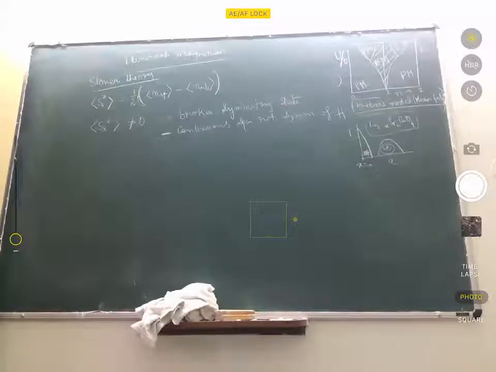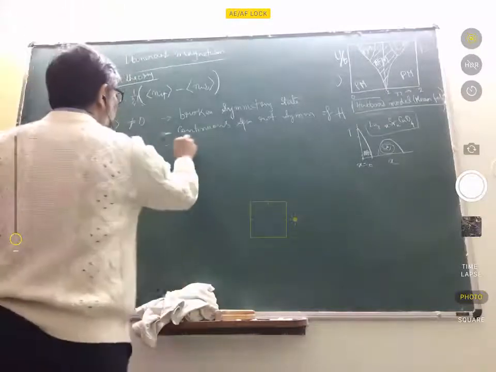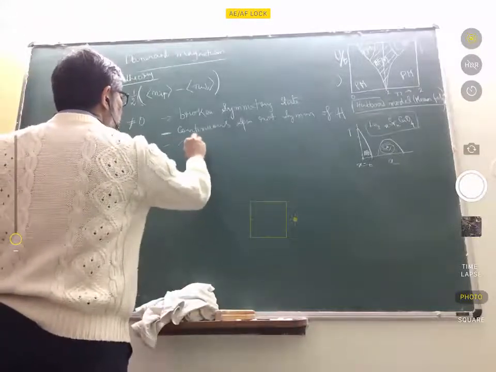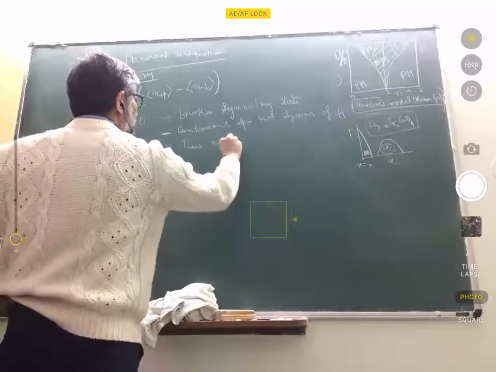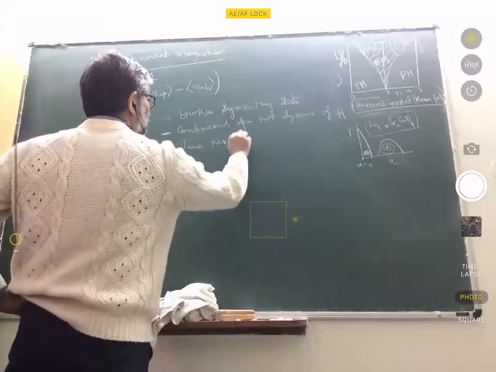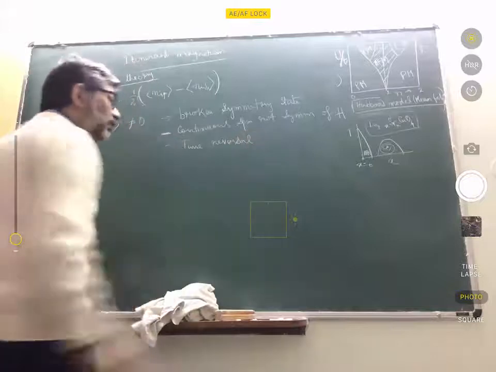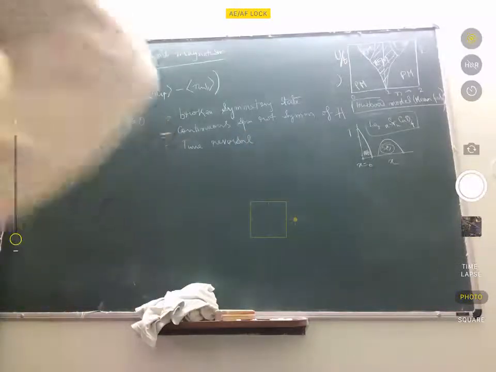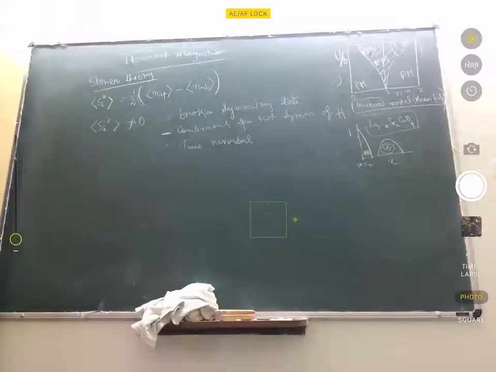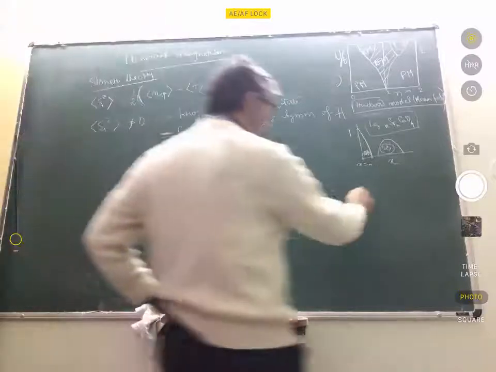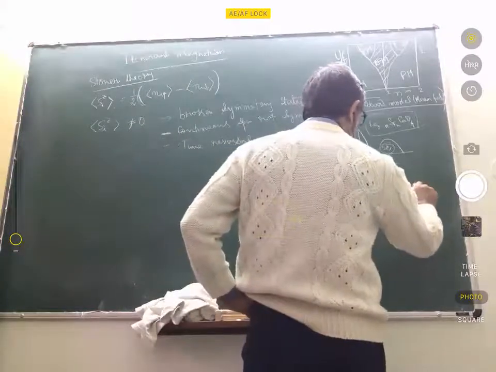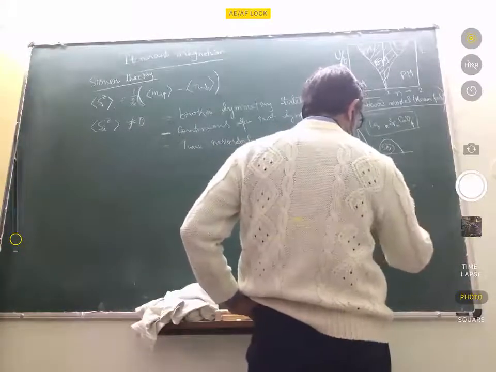So that time reversal symmetry is broken, and depending on whether you are a ferromagnet or an antiferromagnet, if you are an antiferromagnet, then even the discrete translational symmetry of the lattice is also broken. Because if you are on a ferromagnet, all sites are equivalent. They have the same Sz.